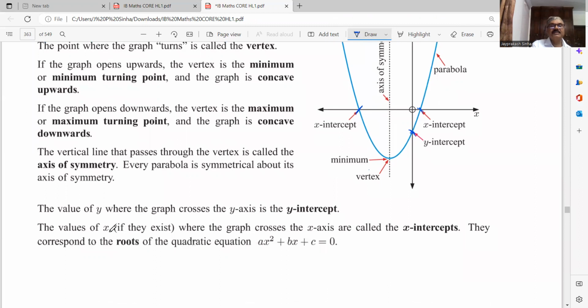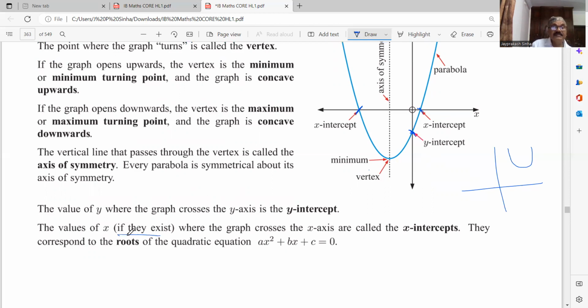And the values of x, if they exist, where the graph crosses the x-axis are called the x-intercepts.